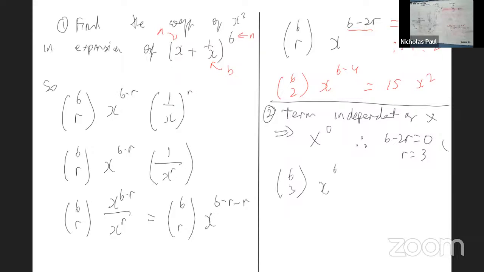x to the 6 minus that. So the answer is 6C3, which is 15 again?